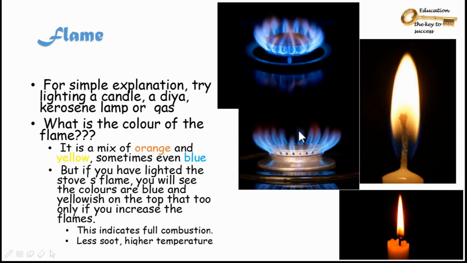But in this picture, you can see there's more orangish and yellowish color on the top. And in this picture, where a candle is lighted, there's less soot it seems. That's why it is a bit bluish below, and the other parts are yellowish and orange, even in this picture.